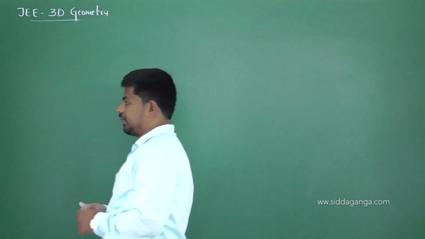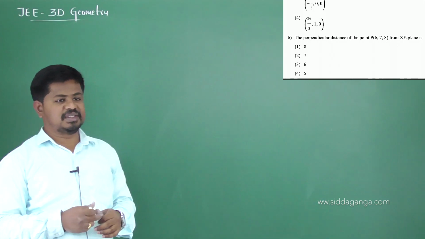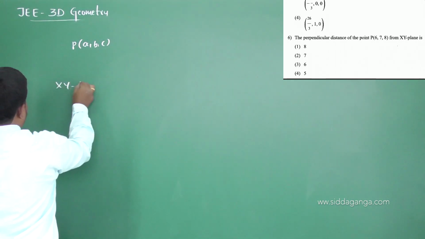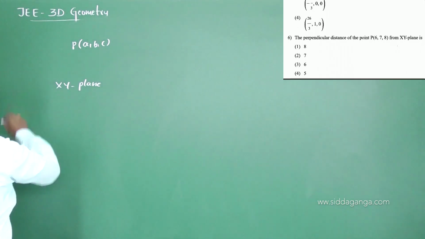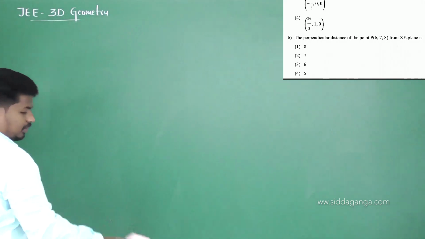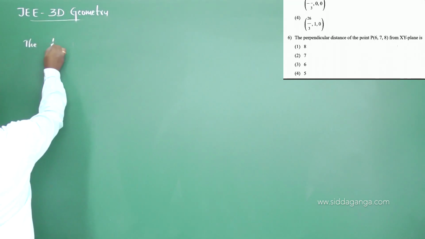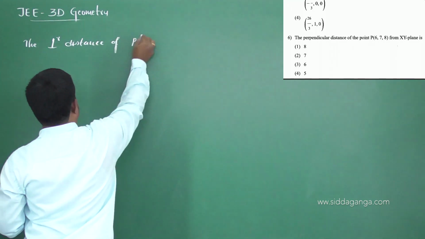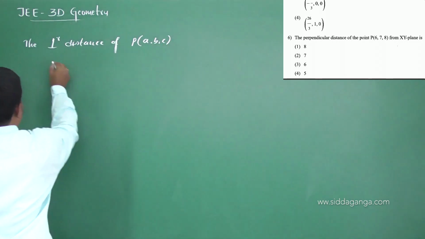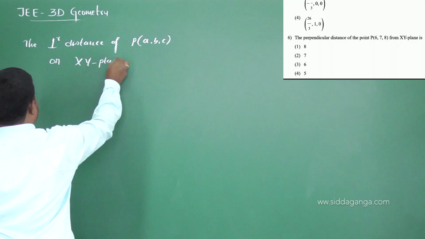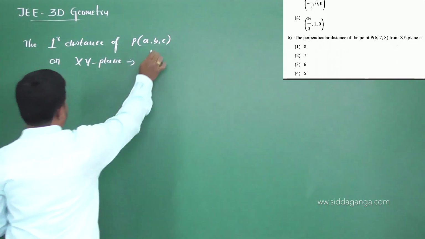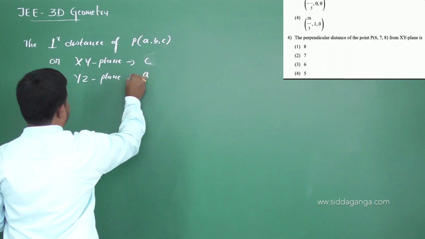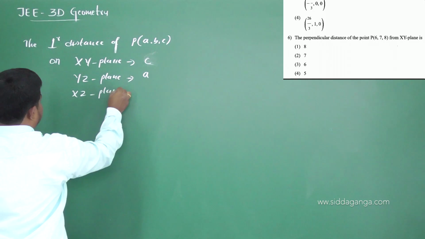Students, I hope you are all familiar with the result that the perpendicular distance of a point P(a, b, c) on the xy plane is given by c, small c, and on the yz plane is given by a, and on the xz plane is given by b.